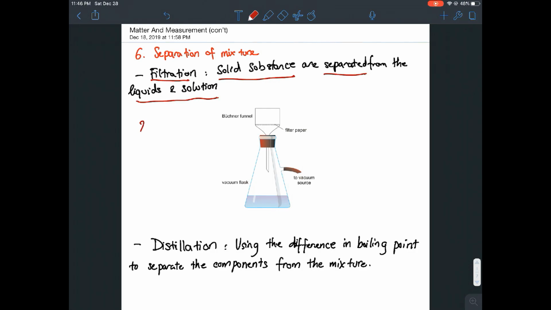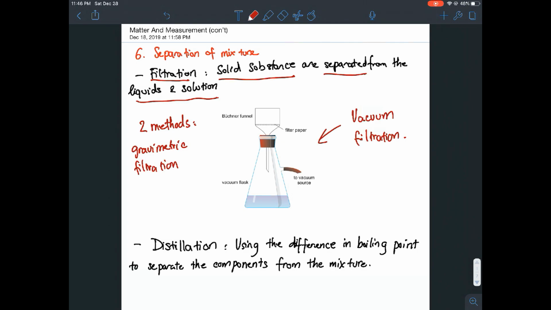We have two methods that are gravimetric filtration, and the second one, as indicated in the picture, that is the vacuum filtration.